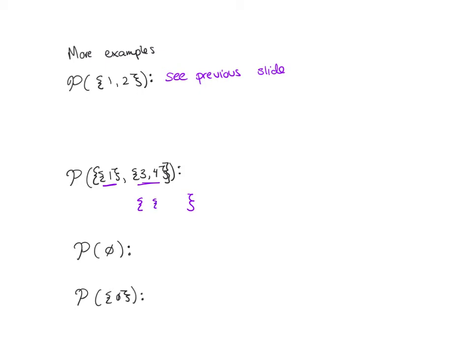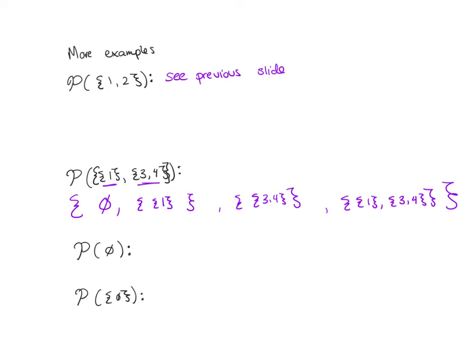So I could have the set that just has 1 in it. I could have the set that just has {3, 4} in it. Or I can have the set that has both 1 and {3, 4}. So that's the same as the original set. Or I could have the empty set, because the empty set is a subset of every set. So that's my power set. So either I have nothing in there, just the first element, just the second, or both of them.